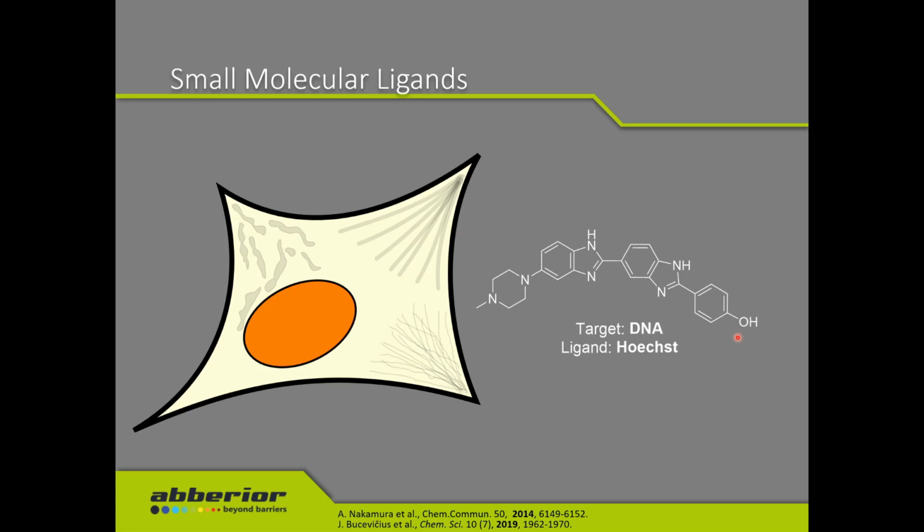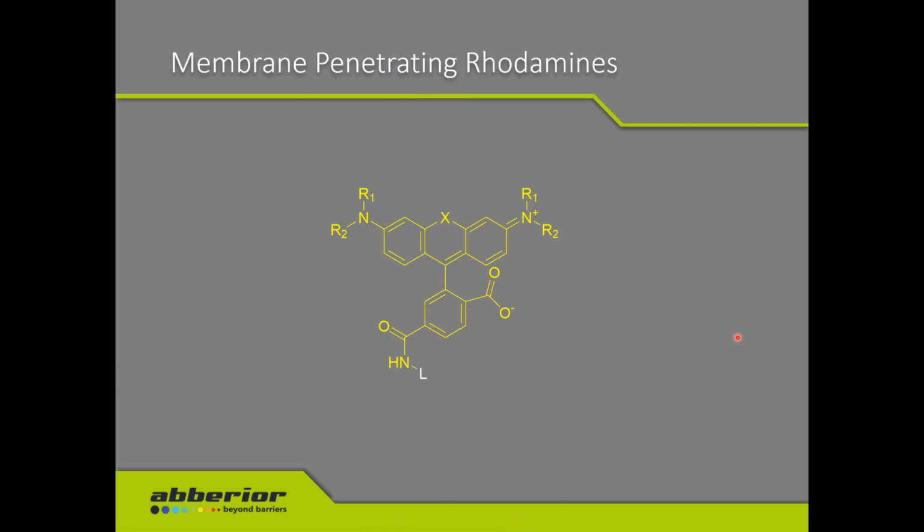But with all these strategies, it doesn't matter if we use click chemistry or protein tags or the small molecules, we need organic fluorophores which can enter the cell, which are cell permeable. And in the last years, it has been shown that rhodamines are quite favored for creating organic fluorophores with high cell permeability. So the structure of a rhodamine is basically shown here.